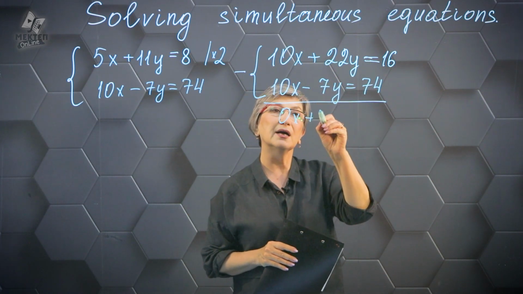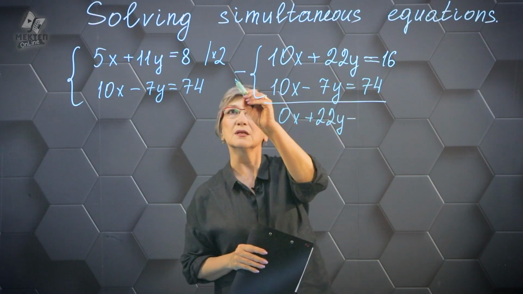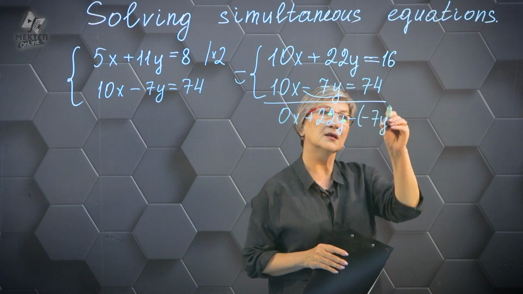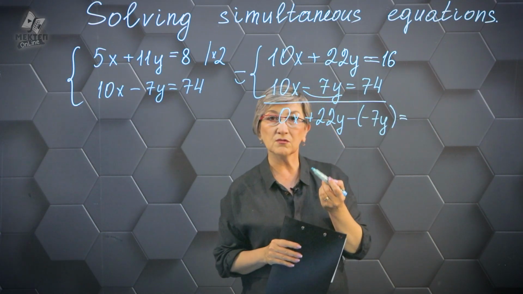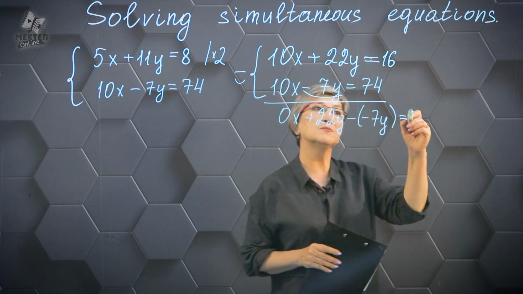Let's write 22y minus negative 7y. I write this to keep track of the sign. And 16 minus 74.